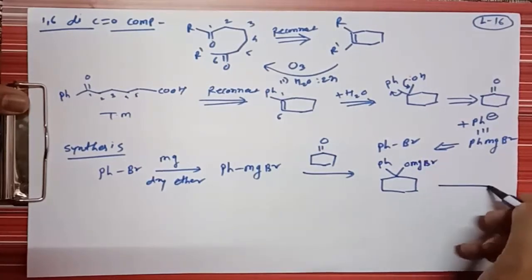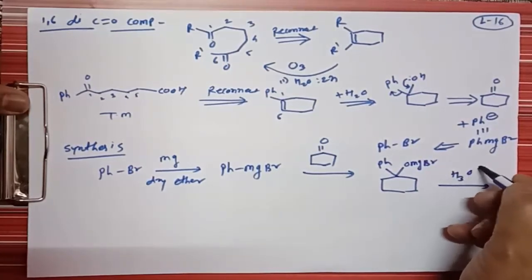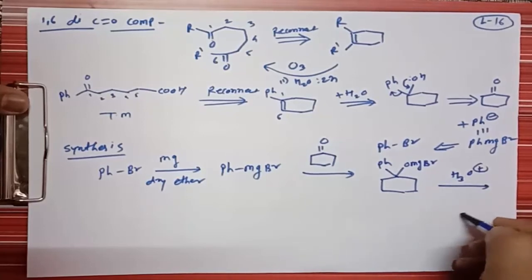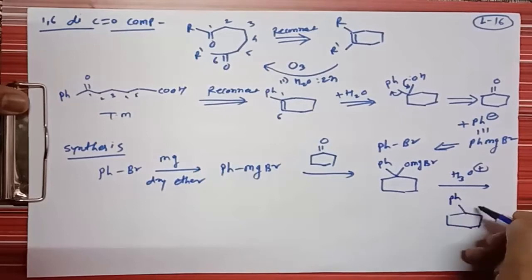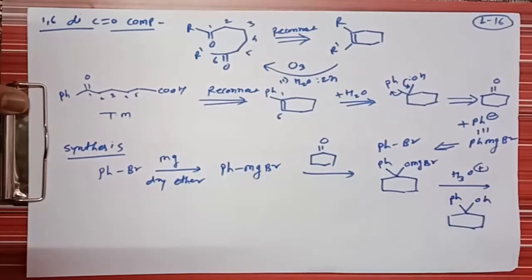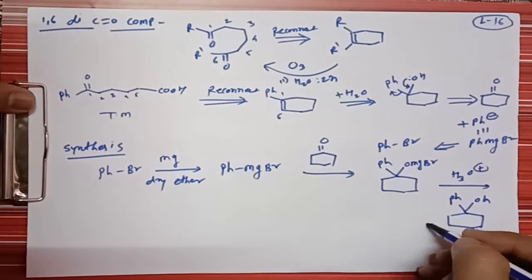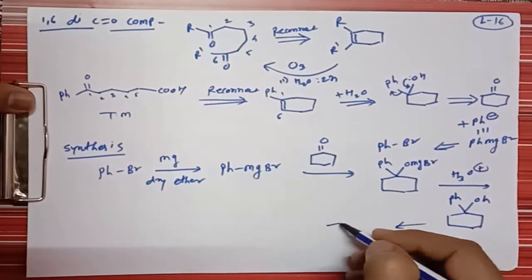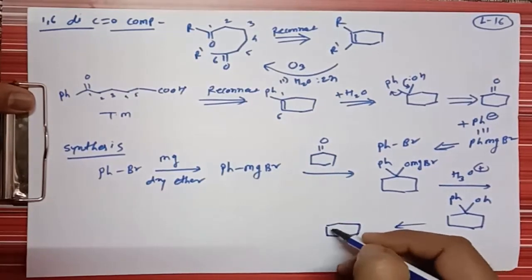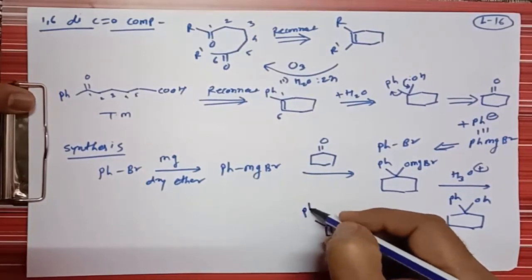If we treat this with H3O plus or ammonium chloride, it gives PhOH, right? Then if we go for elimination in presence of acid, it gives an olefin, right?